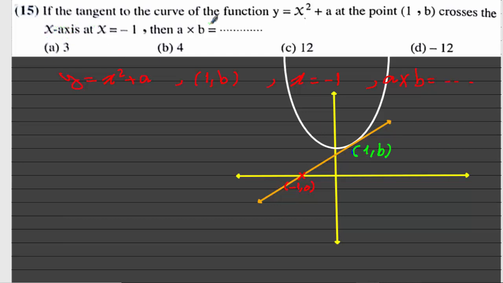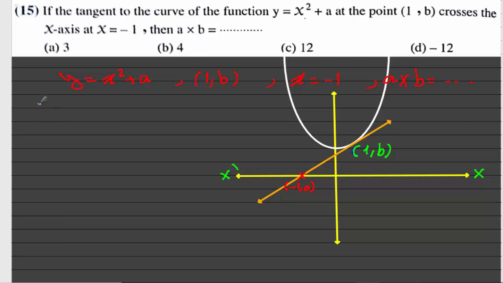If the tangent to the curve of the function y equals x squared plus a at the point (1, b) crosses the x-axis at x equals -1, the requirement here is to find a multiplied by b.